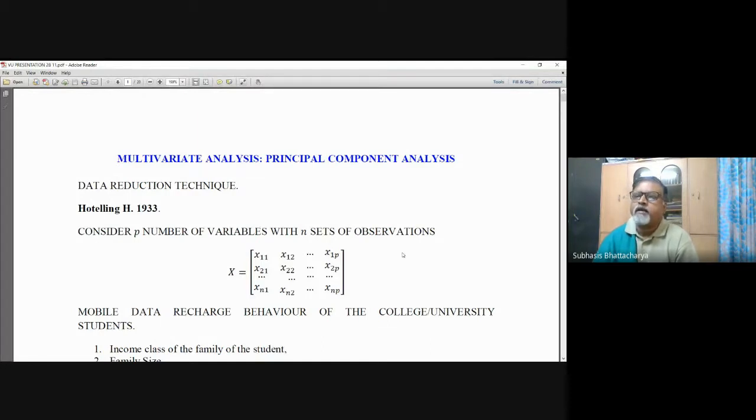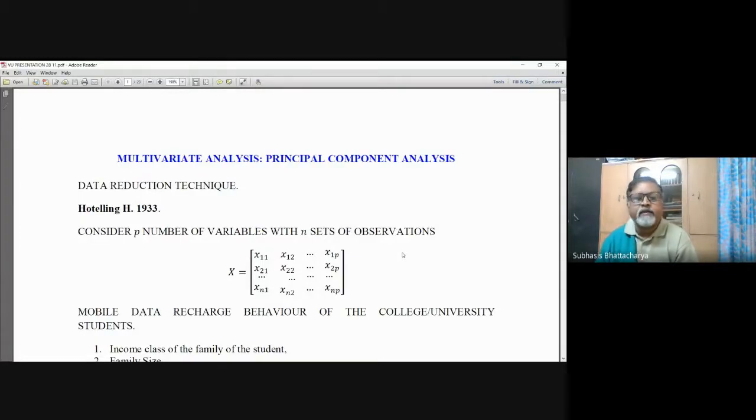That means among a large set of variables, which variables are more significant to explain some social or economic or political or geographical and even environmental facts. So here we assume a number of variables. The variable number is identified as p, and on each variable we take the data, and the data set consists of n observations.